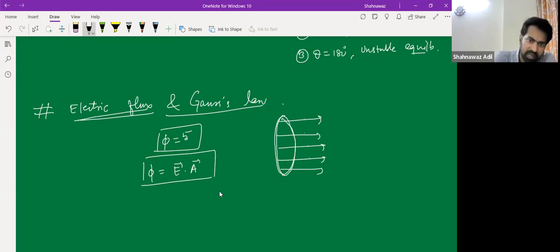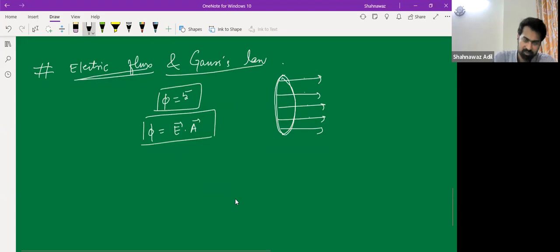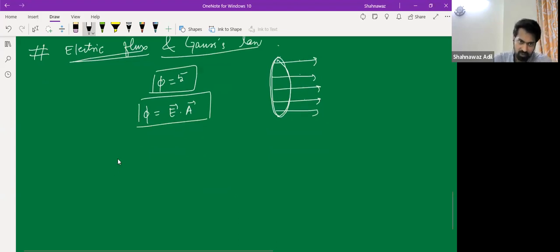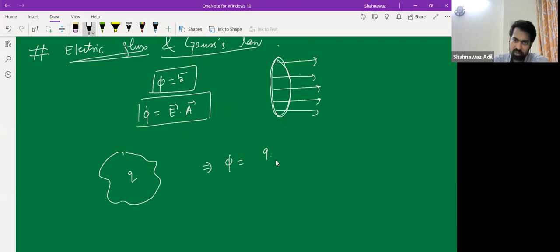And if I calculate the flux of a closed surface and it has some charge Q, so the flux would be simply Q enclosed, or Q inside, by epsilon naught.